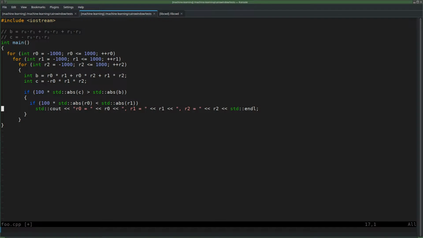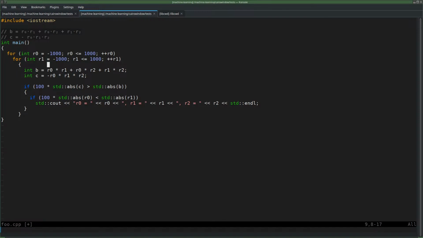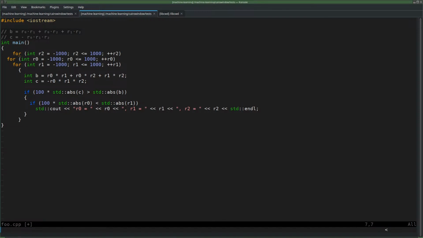Yep, and the absolute value of R0 should actually be less than R1 and less than R2. That means that probably I should do it the other way around.